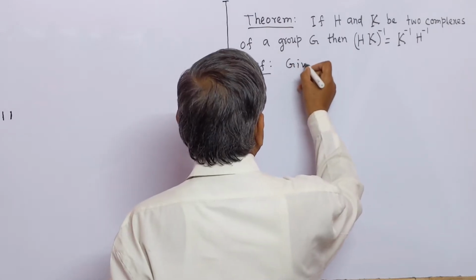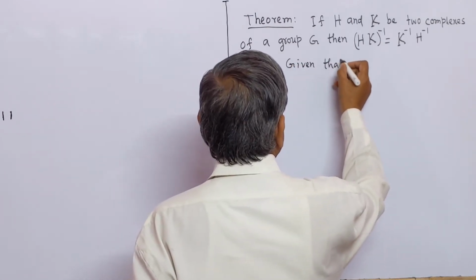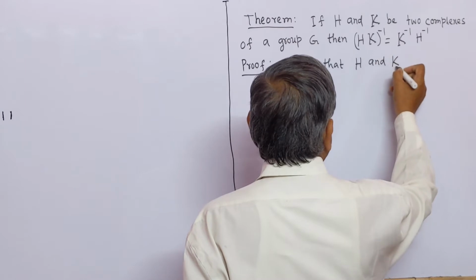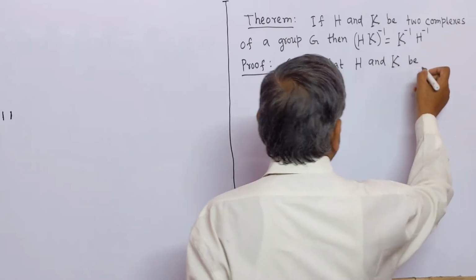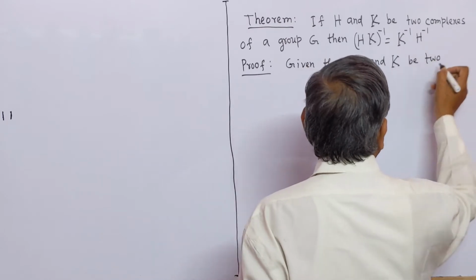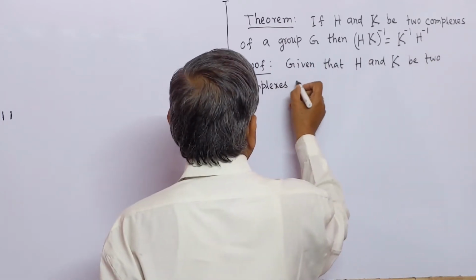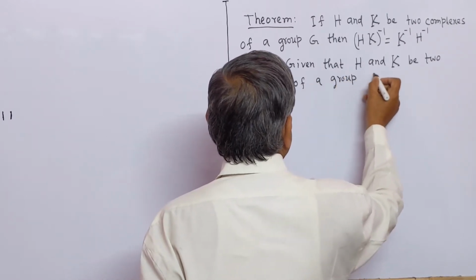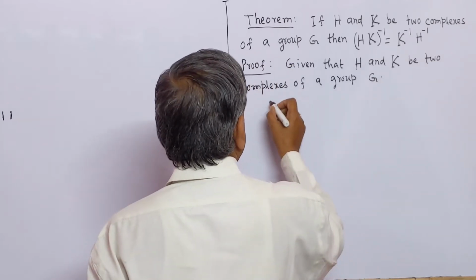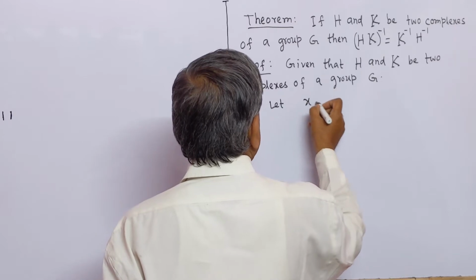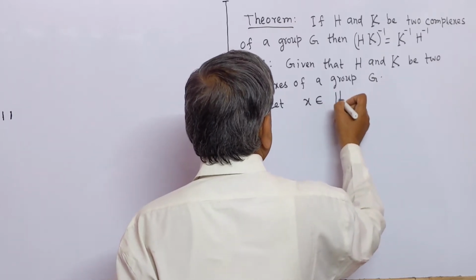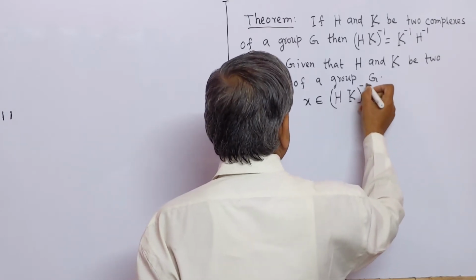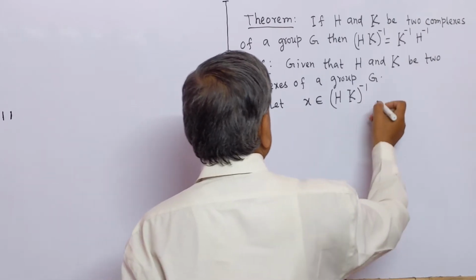Given that H and K are two complexes of a group G, let X belongs to (HK) whole inverse. This is number one.